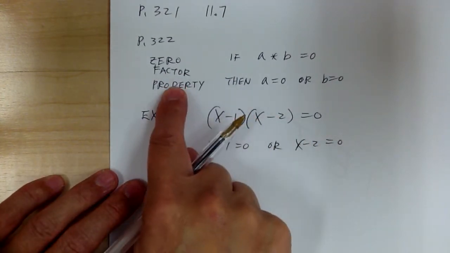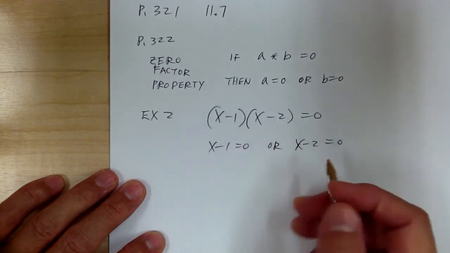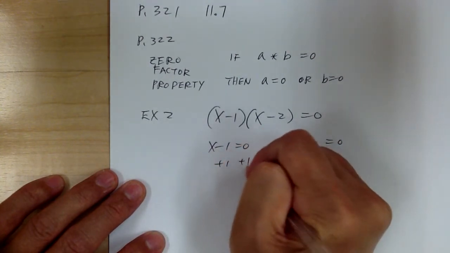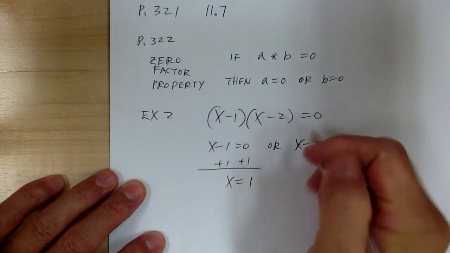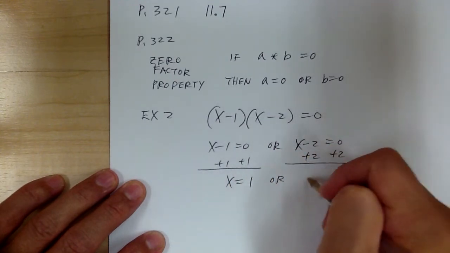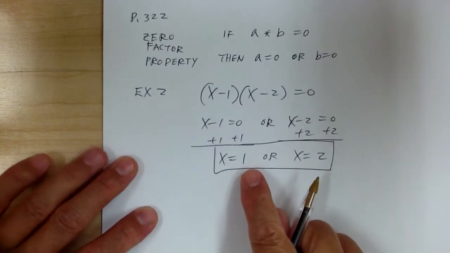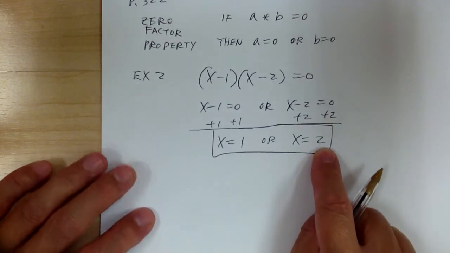You apply the zero factor property to set each factor equal to 0, and then solve. Plus 1 on both sides, so you get x equal to 1, or plus 2, so you get x equal to 2. So that's your two possibilities, two answers.